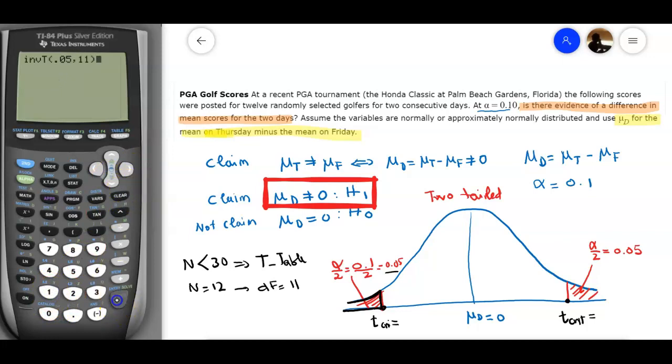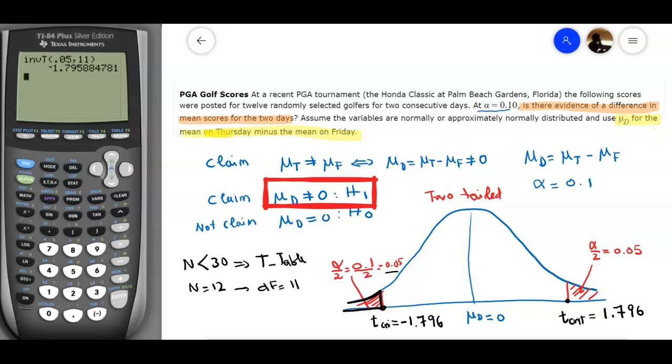So you enter it, and the number that you get there, which is the left side one, is minus 1.7958, so it's going to be minus 1.796, and this is going to be 1.796. They are always symmetrical.